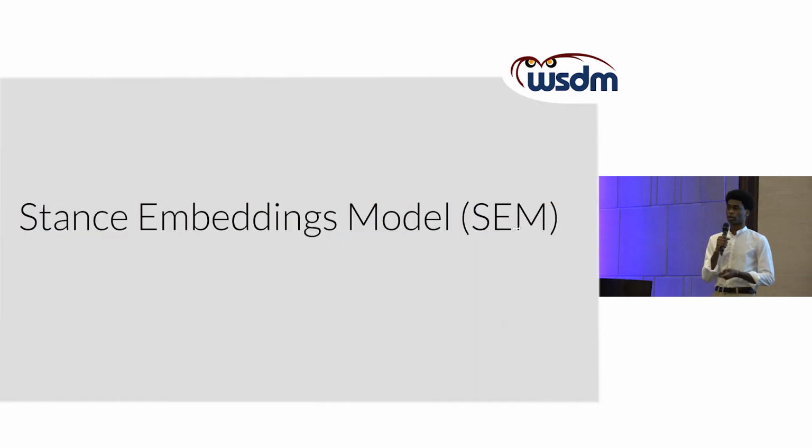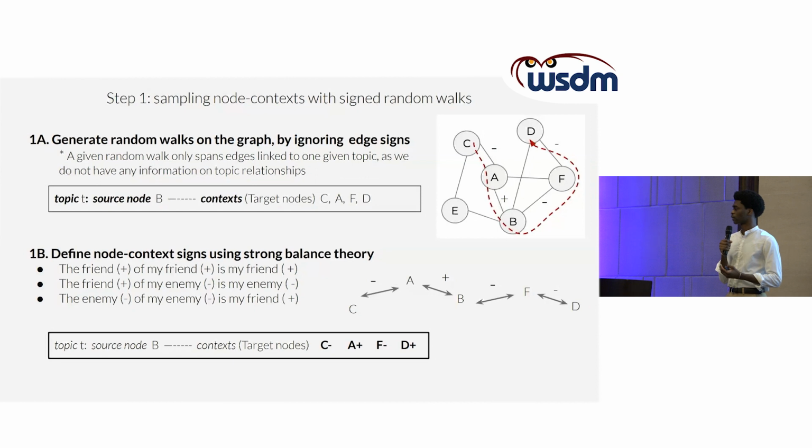This brings me to the model that we call the Stance Embeddings Model, SEM. SEM works in two steps. In the first step, we generate random walks on a signed topical graph. First, let's forget that we have signs on the graph, and let's just generate random walks on the graph.